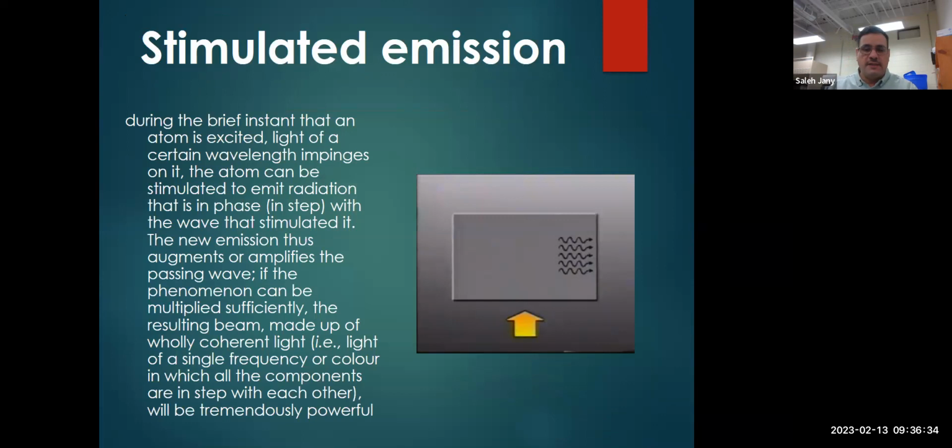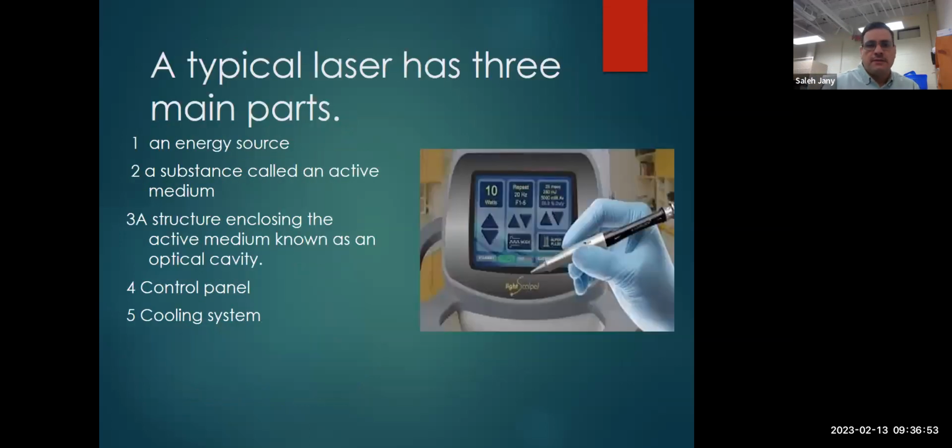They travel in the same direction, the same wavelength, and the same energy. And with the laser, they have two mirrors, and the photons go and come back until they stimulate each other and make the energy stronger.